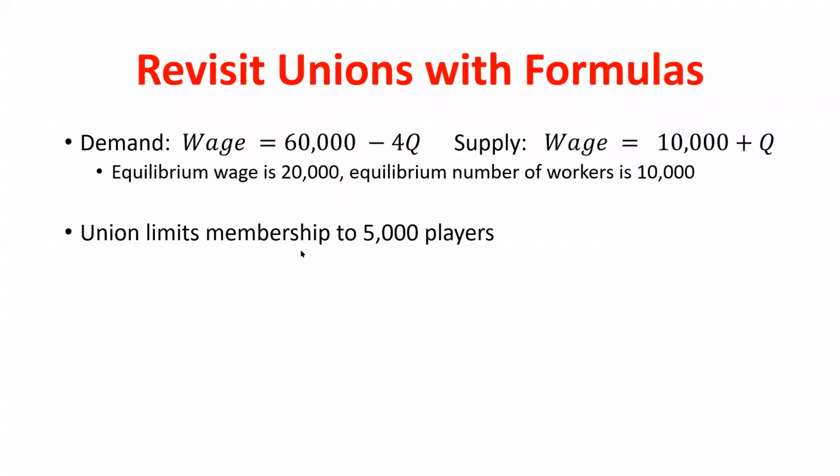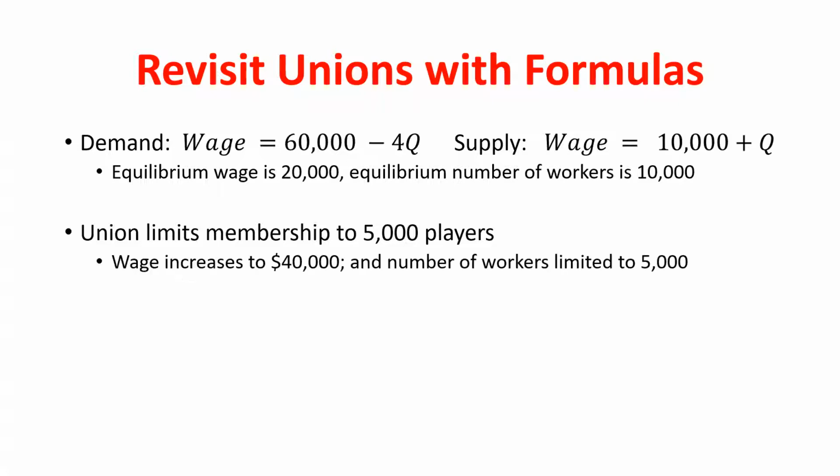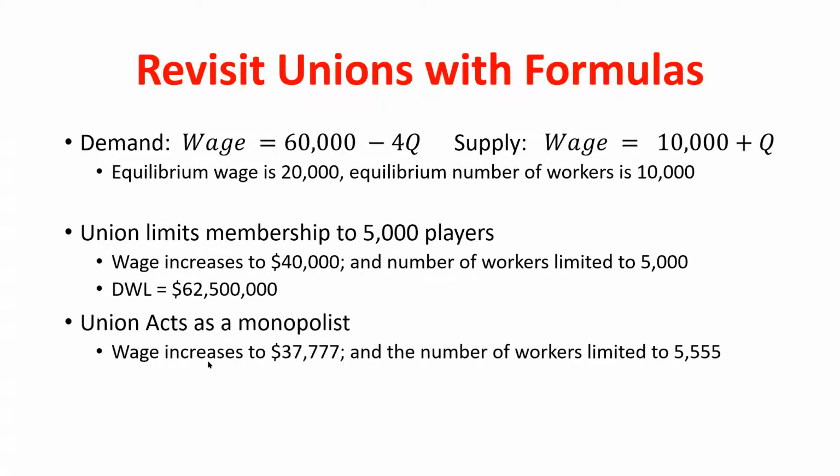So what if we have a craft union instead of an industrial union? I showed you the general setup of an industrial union. Actually, we'll skip this one. We'll do the industrial union first, since that's the example we just worked through, so we can relate something to that. So how can I find the wage and the number of workers that an industrial union would lead to?